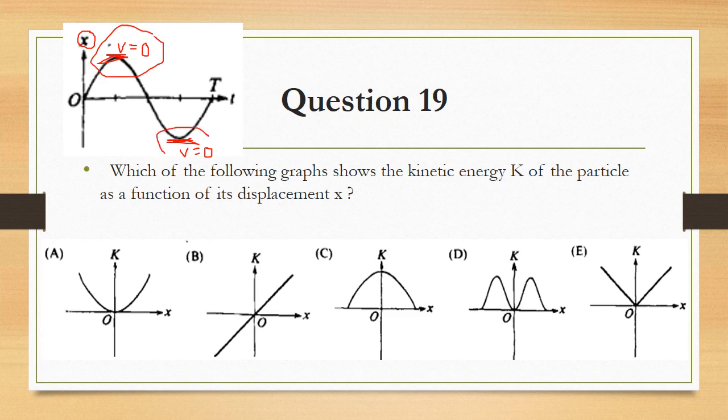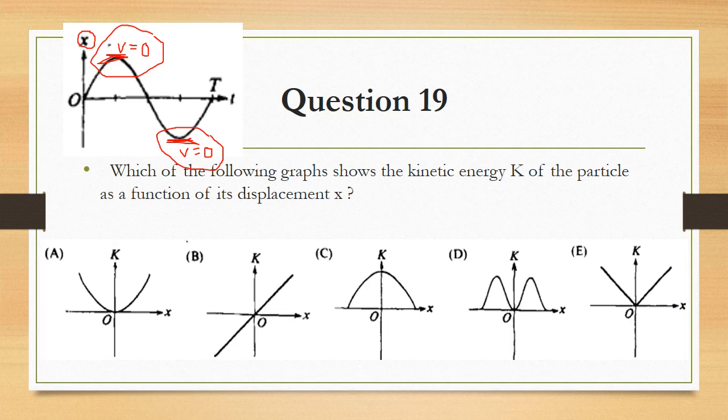So what that tells us is we need a graph where at the most positive and the most negative positions, we have a velocity of 0. So let's try to figure that out. So all of these go into the negative region, which makes sense. We're looking for a graph where at the most negative and most positive position, velocity is 0, and therefore kinetic energy would also be 0.